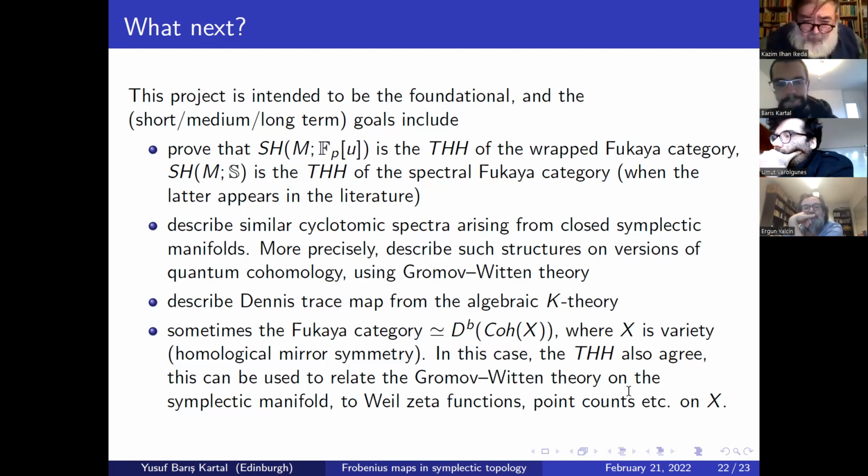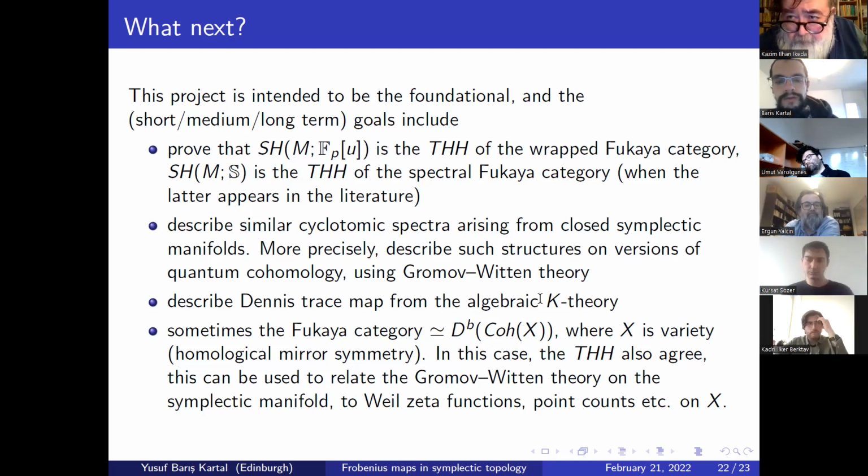But to go back to this other stuff, Gromov-Witten theory is a bit sloppy here, of course. But for instance, when you have the Fukaya category, same as the derived category of some mirror variety, which could be singular or open, in some cases you have computations of THH and related invariants on this side.